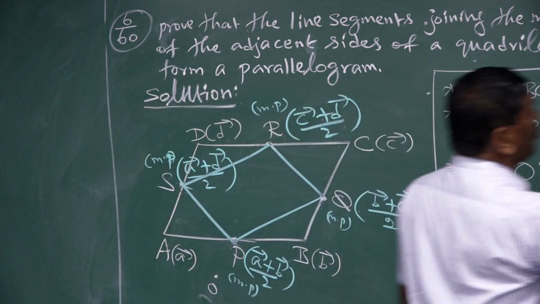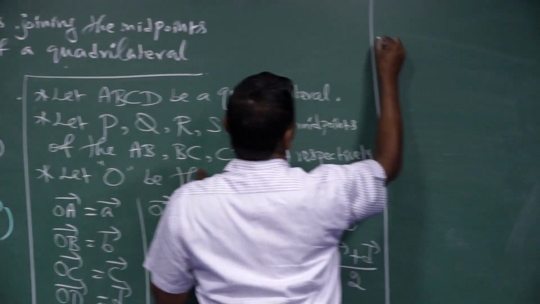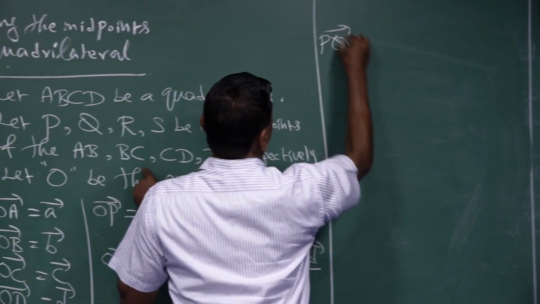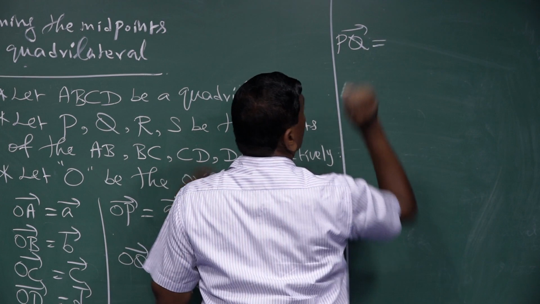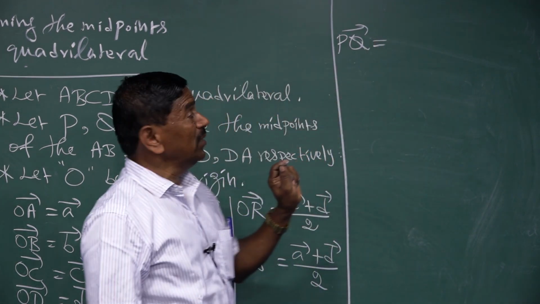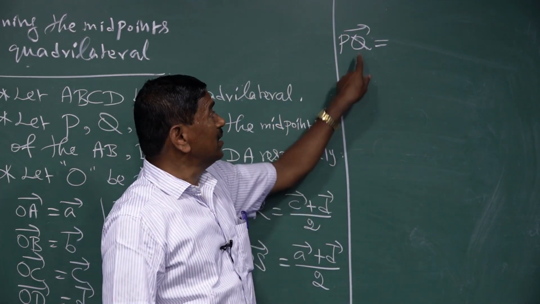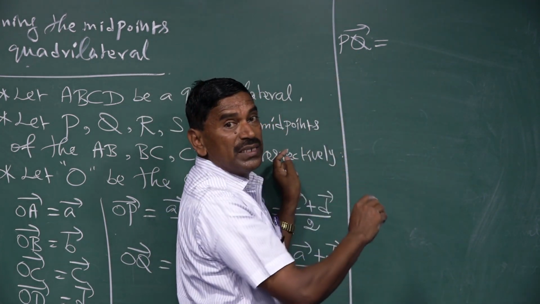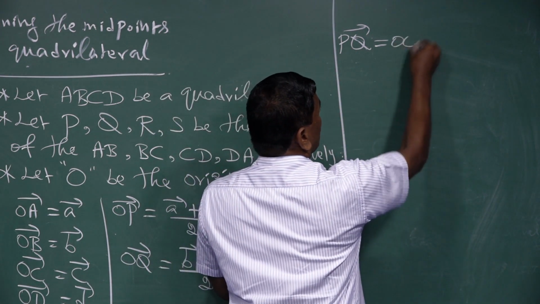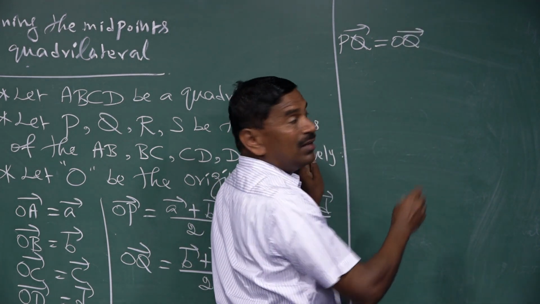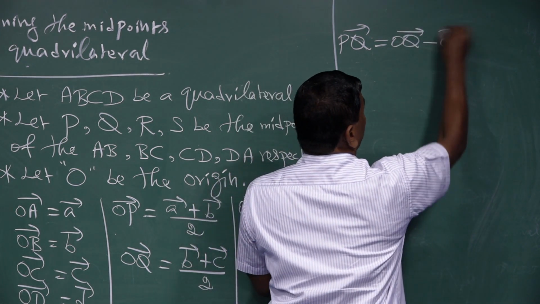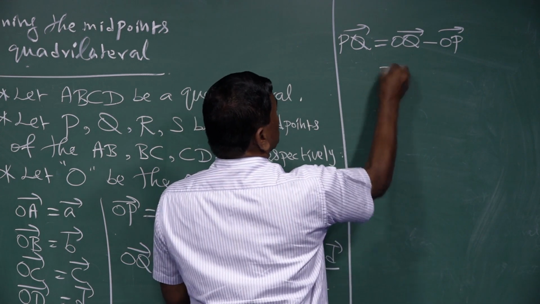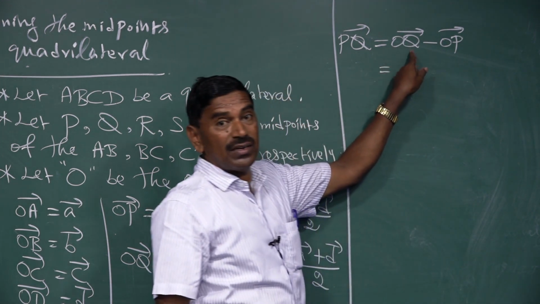Now listen, PQ vector is equal to second minus first, that is, OQ vector minus OP vector. What is OQ vector?